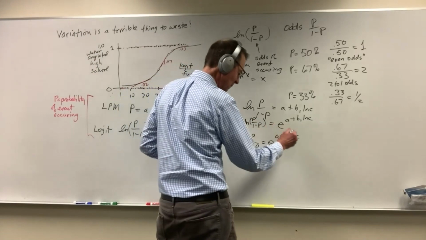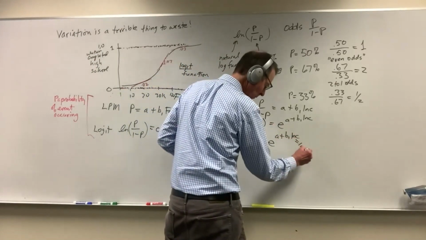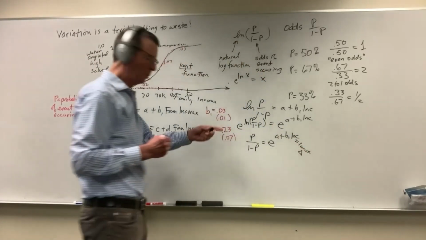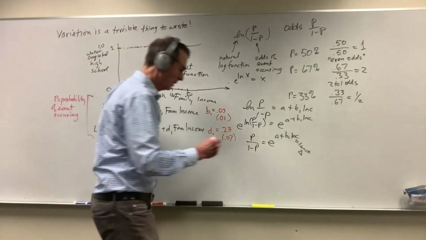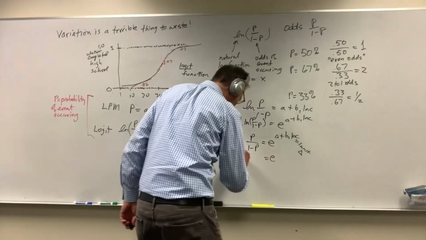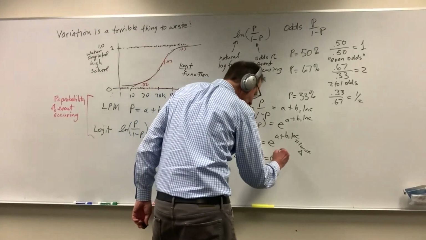If we're making a 1 unit change in income, which is what b1 shows, the change in the odds is e to the b1.